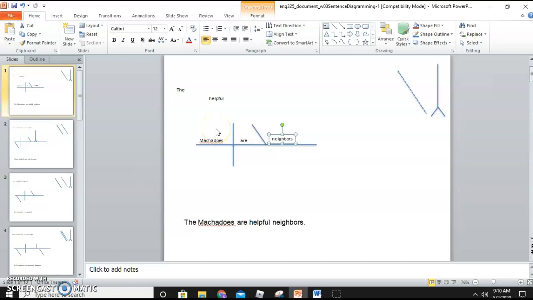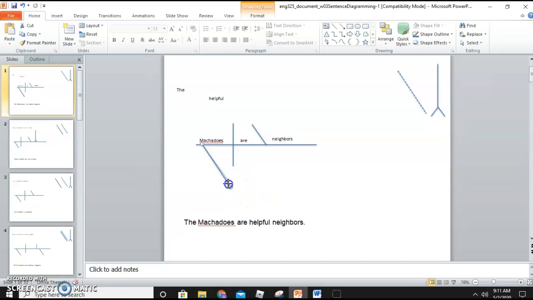Okay, so that's my main line, and then I'm going to have modifiers. As I said before, maybe I didn't say before, nouns and verbs are always going to go on horizontal lines, always. Modifiers are going to go on slanted lines. Modifiers can be prepositions, modifiers can be adjectives, adverbs, articles.